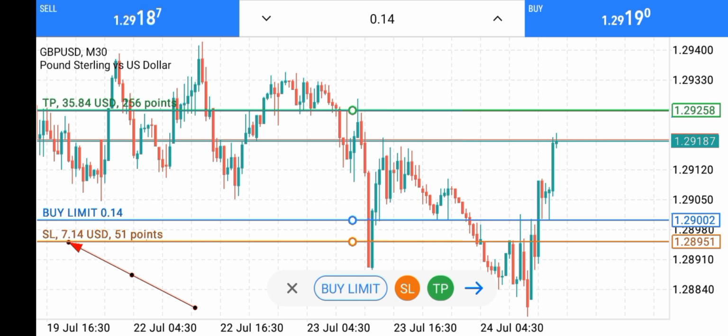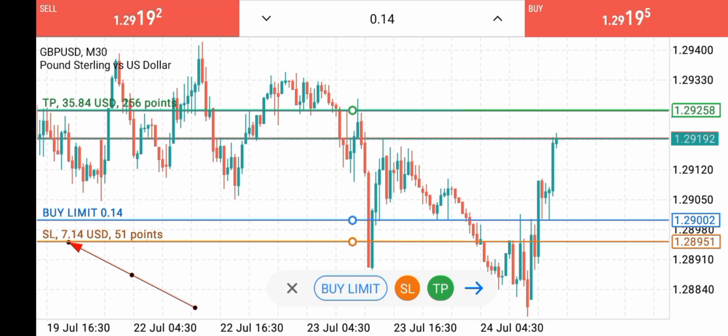A person that has a $50 account, if he or she loses $7.14, might not be really annoyed, because the person still has enough capital to trade. But you, having a $10 account and losing $7.14, have lost over half of your account. You have lost over 50% of your account, which is a very bad trade. I call that gambling, because you are risking almost your capital in a single trade. So that is not a wise way to trade.